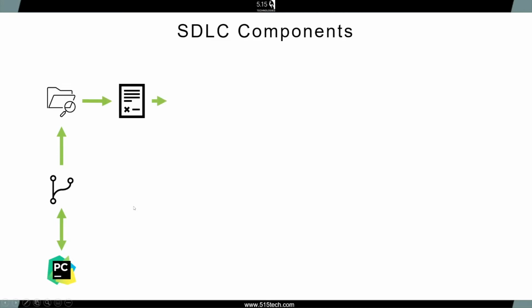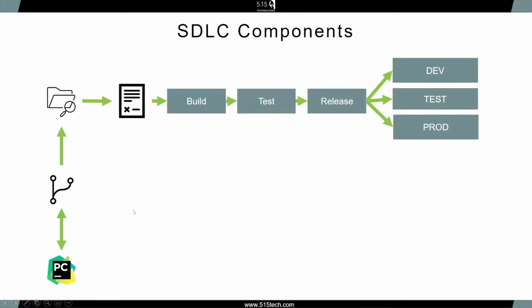We're also going to show you software development lifecycle components of risk management. And if you're familiar with software development, you have developers in their IDEs checking out branches of code, pushing them to the repository and merging, typically triggering some form of pipeline to then build, test, and then release to dev, test, prod, whichever environments you might be maintaining or more.